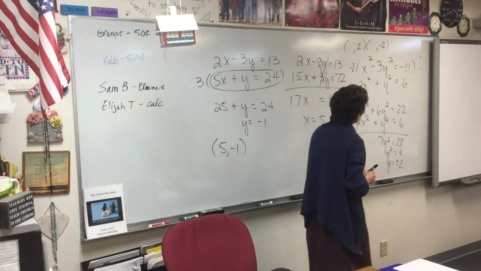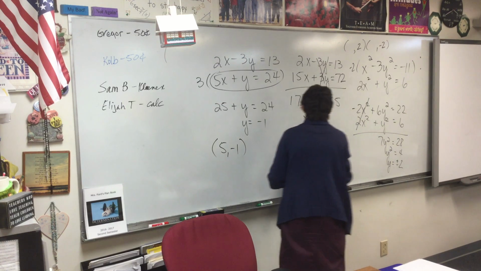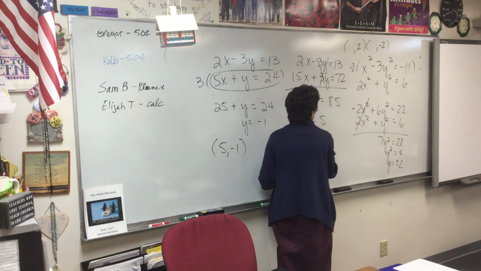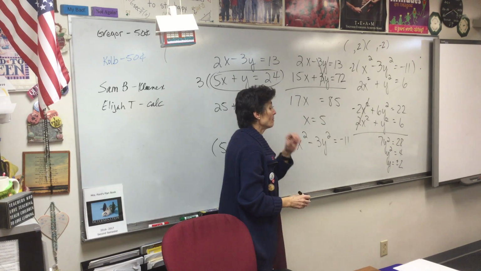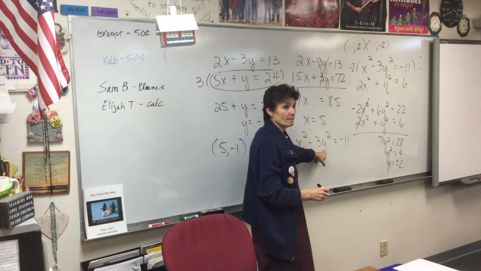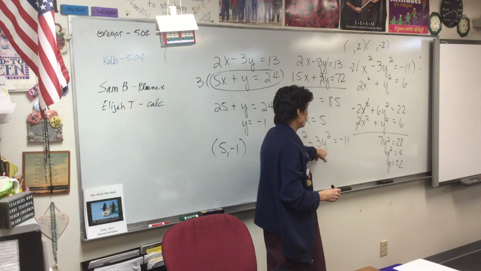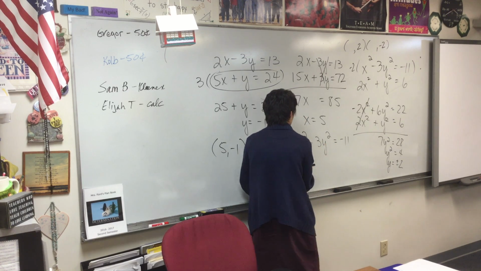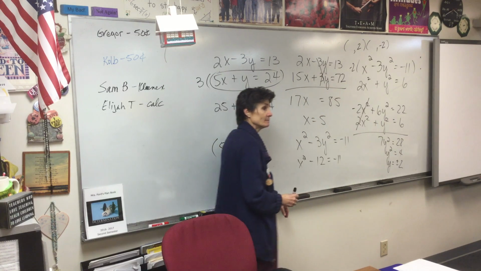Then you go back, it doesn't matter, either equation. I guess I'll just use the top equation, x squared minus 3y squared equals negative 11. And I'm going to put in positive 2. Okay? So what happens when I put in positive 2 for my y? I get x squared minus 12 equals negative 11.